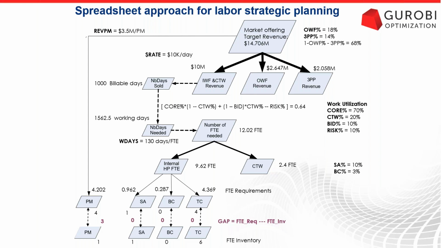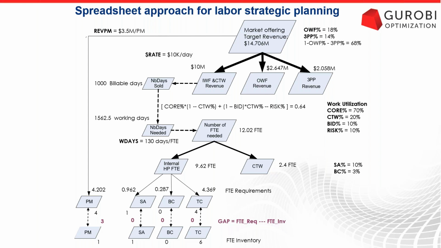To compute the number of project managers, you consider that a manager manages an account of $3.5 million. So if you divide the forecast revenue, $14.7 million, by the account size, 3.5, you will get 4.2 project managers.